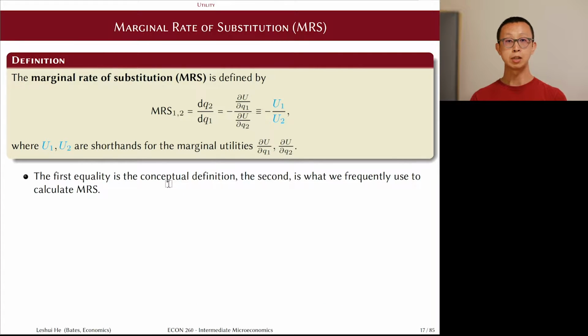Specifically, the technical definition of the marginal rate of substitution can be defined using the utility function alone. Well, that's not really surprising because the utility function represents the entire utility hill, which in turn carries all these contour curves that represent all the indifference curves.